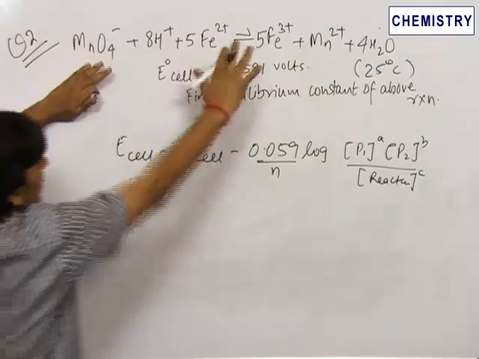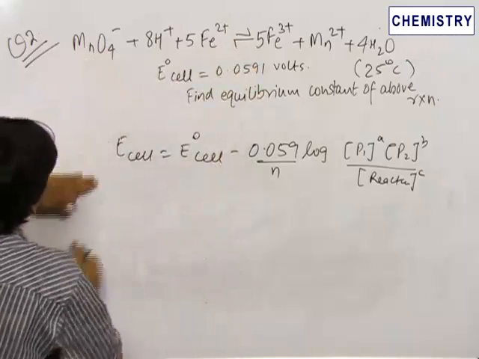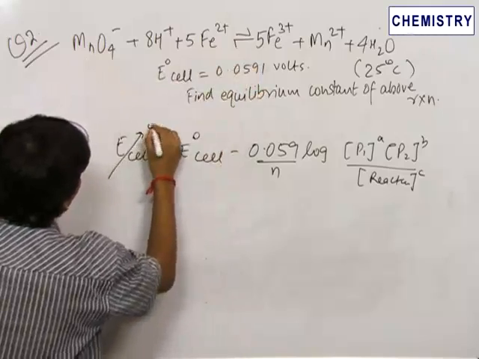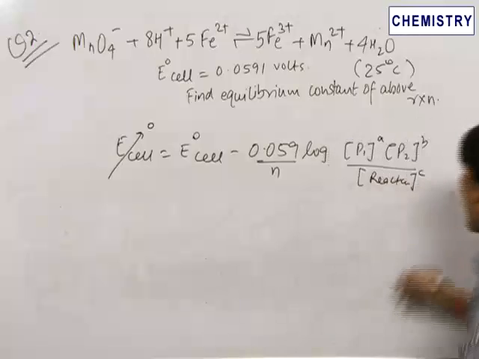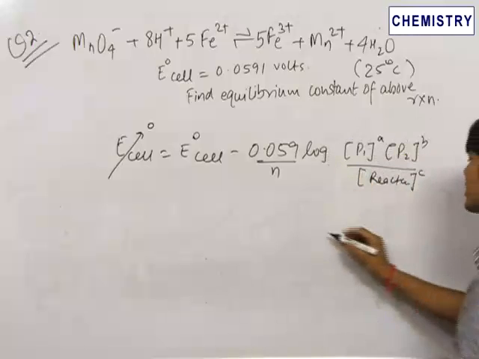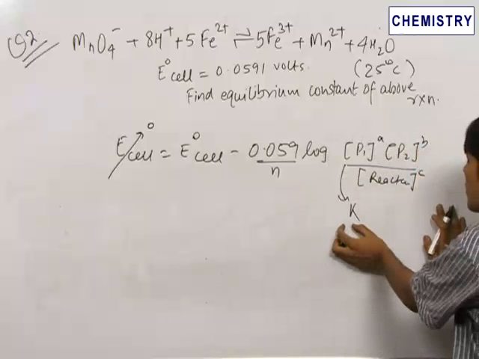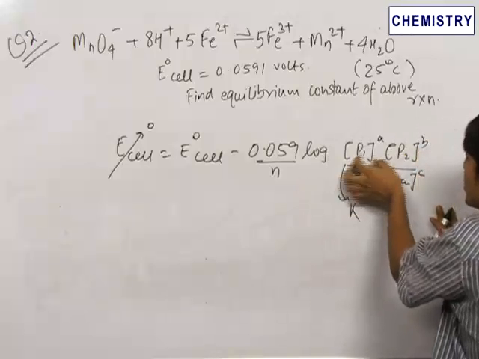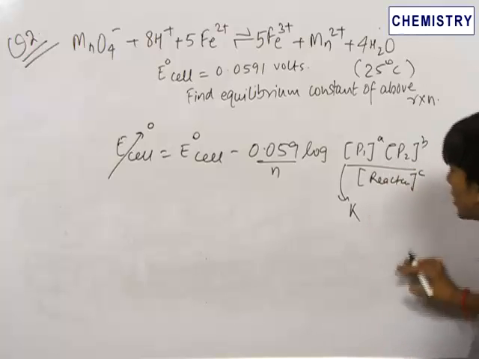When the reaction is at equilibrium, there is no net change happening in the reaction, there is no transfer of charges, therefore the E cell is 0. You should remember that at equilibrium E cell is equal to 0, and also at equilibrium this ratio is nothing else but the equilibrium constant of the reaction, because for the equilibrium constant we write concentration of products to the respective powers upon concentration of reactants to the respective powers.